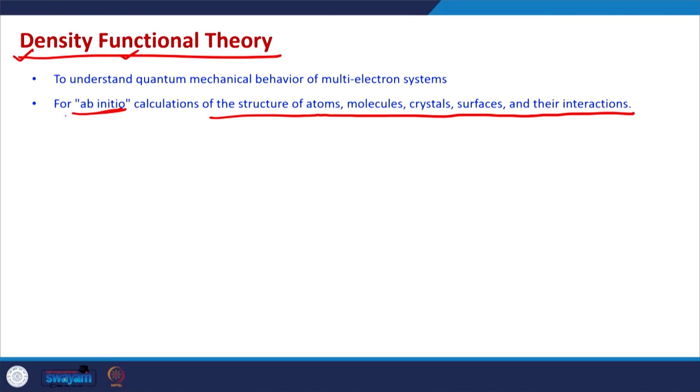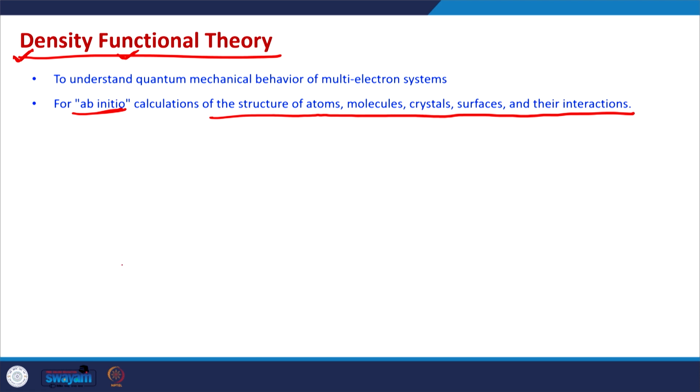But if we have a novel structure, a new kind of structure where we do not know anything about its E-k relationship or its band structure, we need to start from first principles, and that's why it is known as the ab initio method. It makes some approximations, because without approximations we cannot solve the quantum mechanical equations, and very soon it will be clear why this is known as the density functional theory.